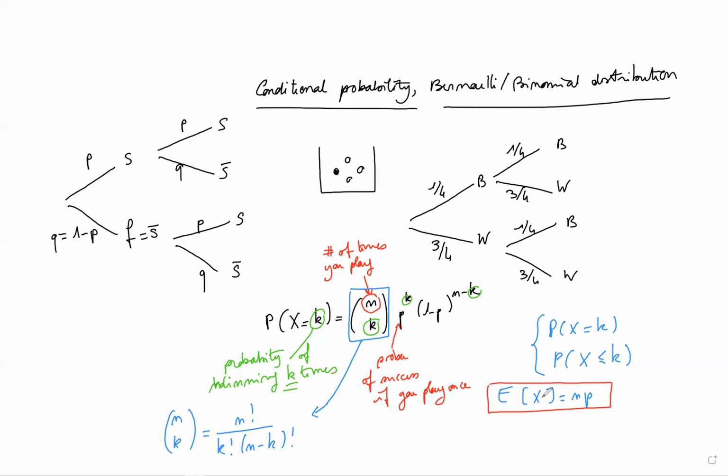It's the probability of winning if you play many times. It's like a mean. If you compute a mean, it's the same thing.